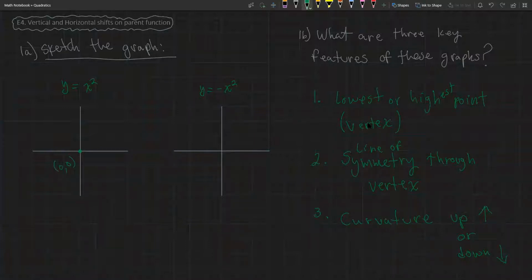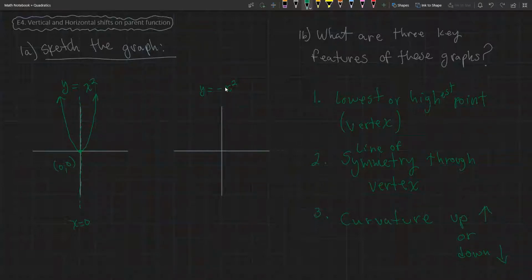And I will call that the line of symmetry and draw it right there, and label it as x equals 0. Remember, the equation for the y-axis is x equals 0, since all x values anywhere on this line are 0. And then the last thing we know is that it curves, and it's got symmetry through that most important point. That's why I call it the most important point on the graph. Once you know that, then you can make a quick sketch.